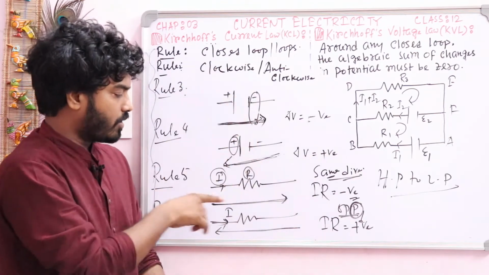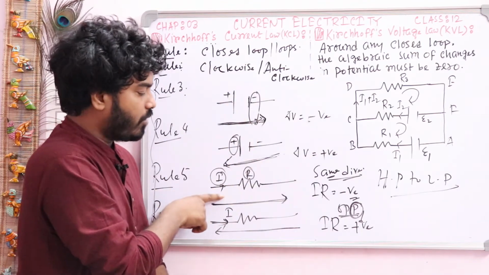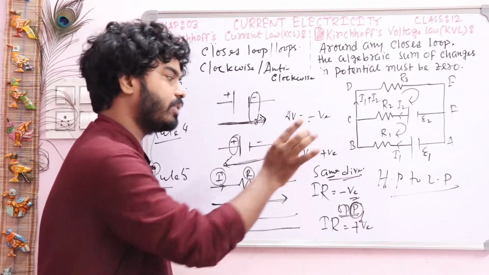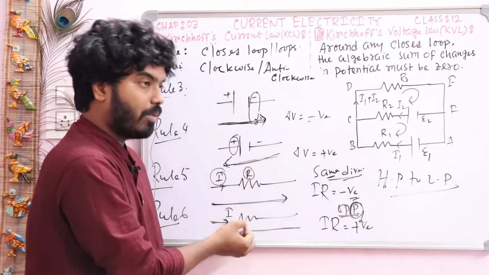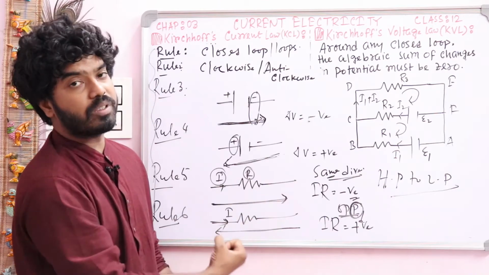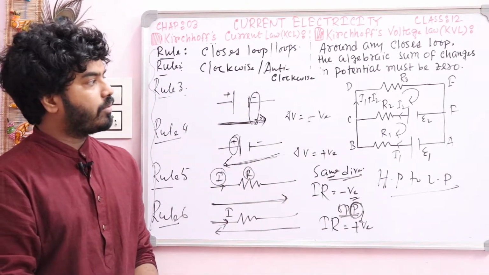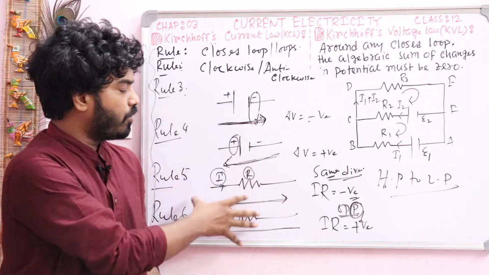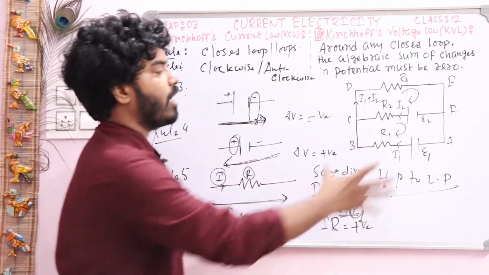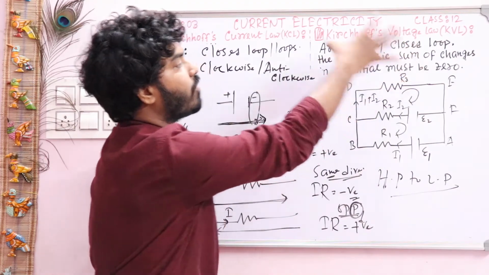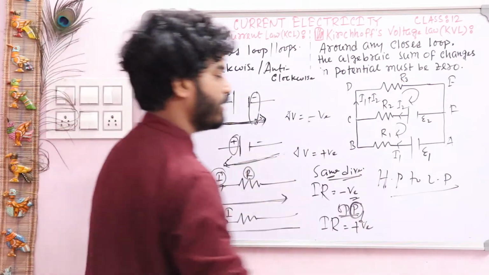For resistance, when the direction of current and your direction are the same, consider negative; when they are opposite, consider positive. Now with the help of these rules we will apply them in this circuit and find the KVL formula.